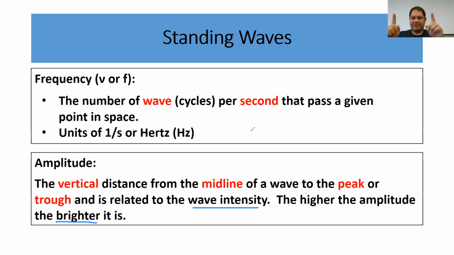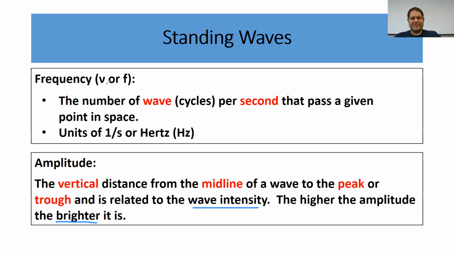So if you think about this, if the cycles get smaller, in other words, if the wavelength gets smaller, then the number of cycles that pass in a given second increases. But if the cycle gets larger, or the wavelength gets larger, then the number of cycles that pass a given point in a second decreases. Think about this for a moment, because it is super important. We're going to be using wavelength and frequency quite often.